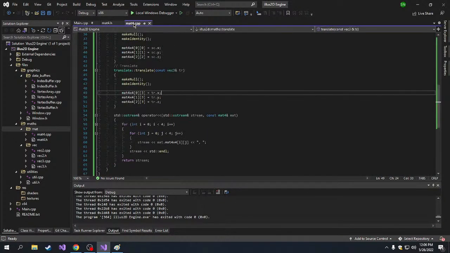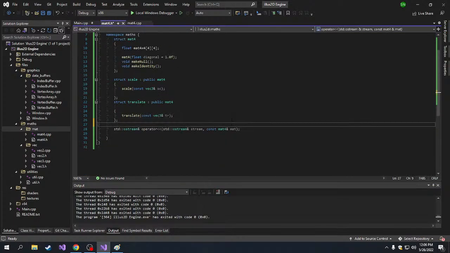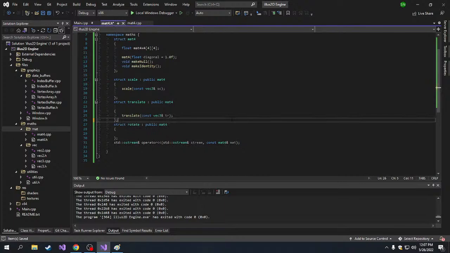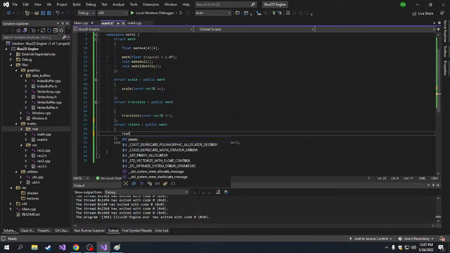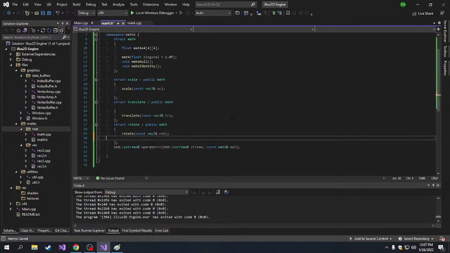Now for rotate. Now rotation is a bit tricky, because let me just write the struct first. So struct rotate, public mat 4. So the rotation matrix is a bit tricky. Rotate or rot. Awesome name.